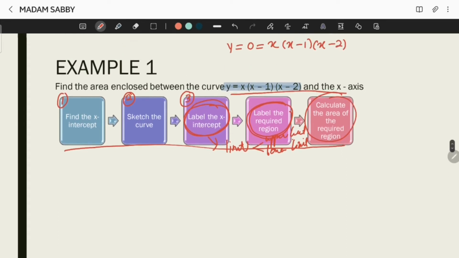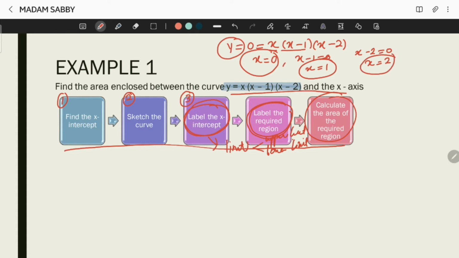So let's find the x-intercepts. When we are looking for the x-intercept, we just set y equals 0. Since it's already in factorization form, we have x equals 0; x minus 1 equals 0, so x equals 1; x minus 2 equals 0, so x equals 2. So the x-intercepts are x equals 0, x equals 1, and x equals 2.